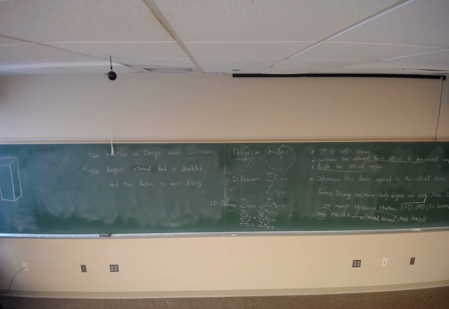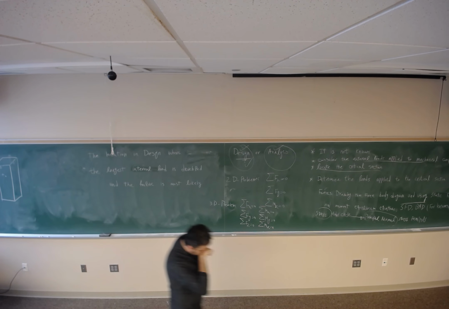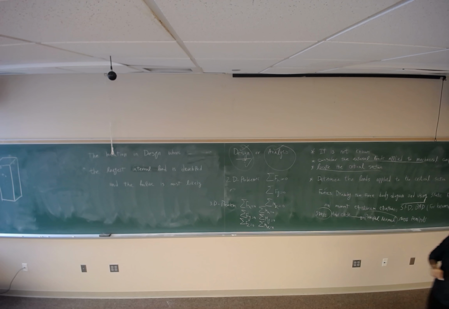Suppose there is a bar with the length of A here and 1 right here. Consider one point right here, somewhere at the middle of this bar, point A. How many planes can I pass through this point?